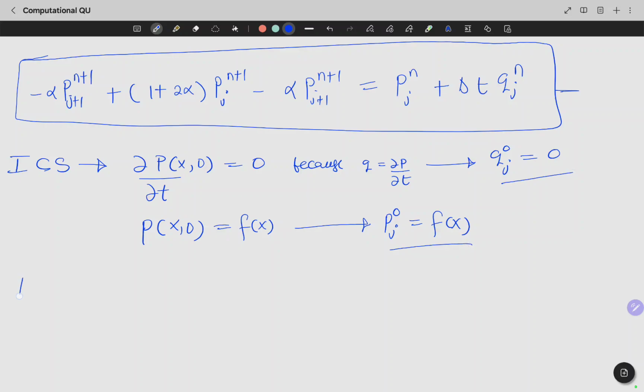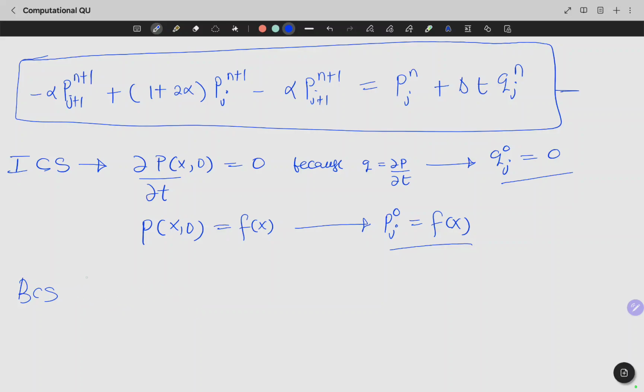Now let's look at the boundary conditions. The boundary condition P_0^n equals 0, because here is 0, here is 0, so this is P_0 and this is P_N, right? But you cannot say P_N because you are going to have a situation like this.